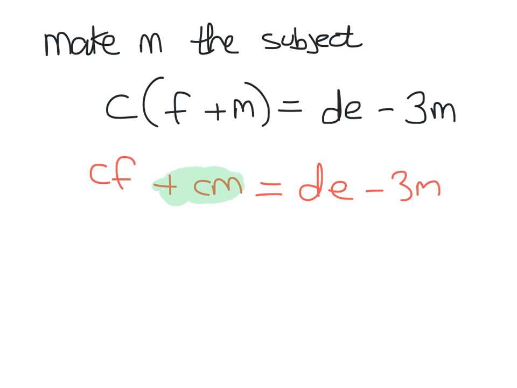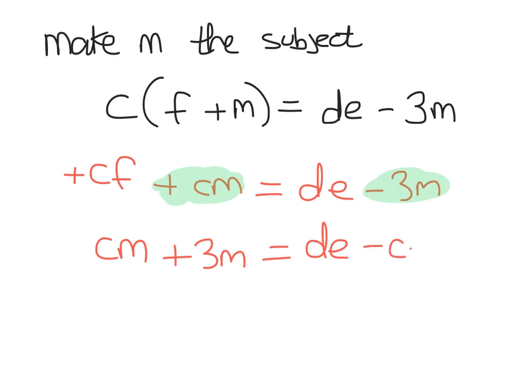So the plus CM and the minus 3M will all come over to the left. So that will give me CM plus 3m as the minus 3m's cross the equal sign equals DE stays where it is, and CF at the minute is positive, so when it crosses over it will become negative.